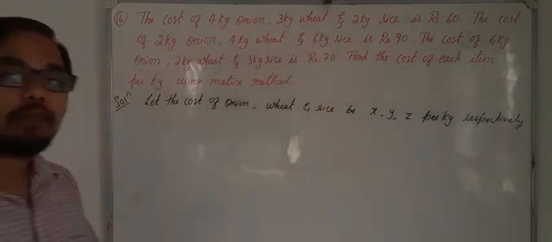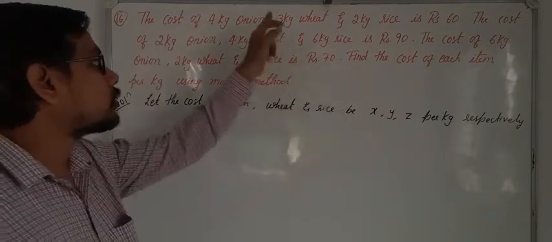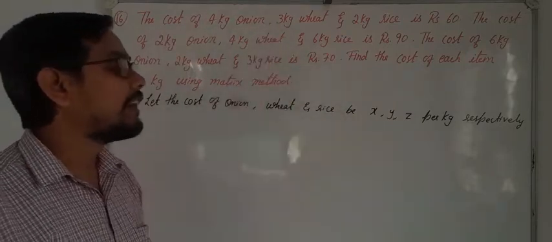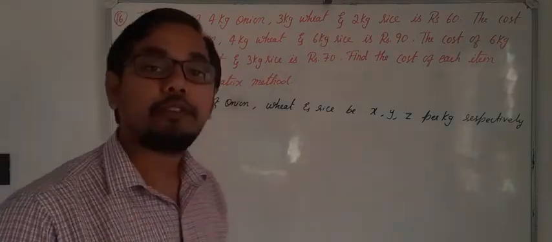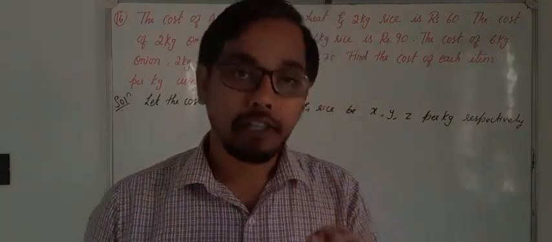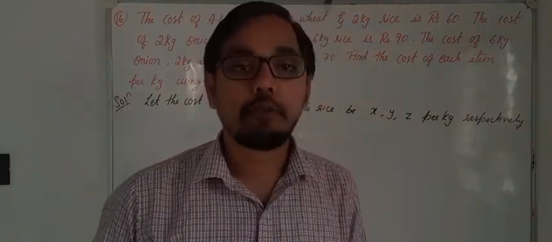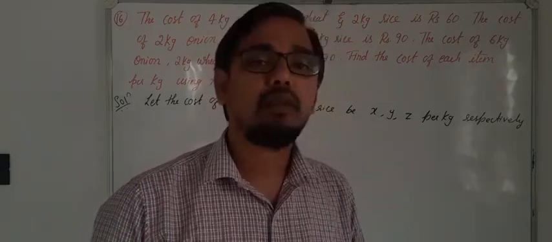So what have we assumed here? The cost of 1 kg onion is x, cost of 1 kg wheat is y and cost of 1 kg rice is z. So we have assumed that in terms of x, y and z. X is the cost of onion for 1 kg and y is the cost of wheat for 1 kg and z is the cost of rice for 1 kg.